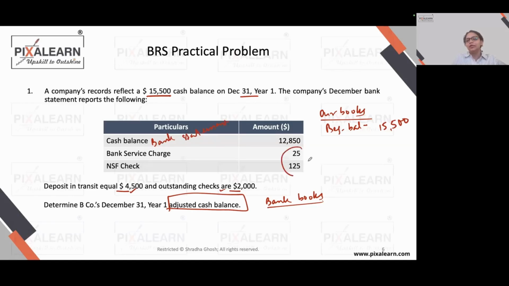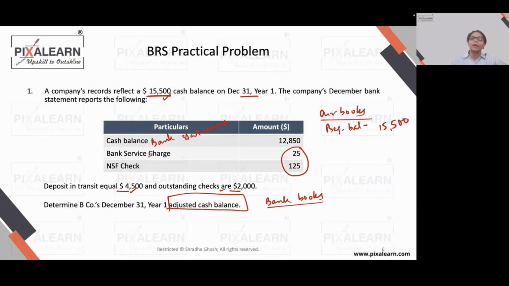But these are the two figures which I have not affected in my books. Why? Because I received the bank statement after 31st December. So typically speaking, this 15,500 already includes 4,500 and already includes 2,000, but it does not include the two figures which the bank notified us late.